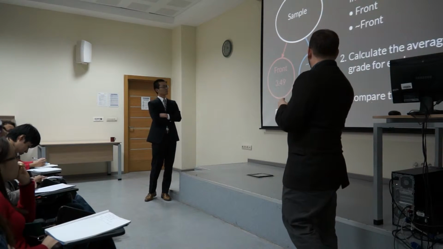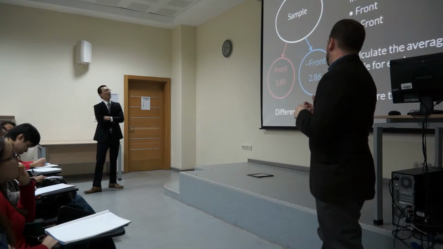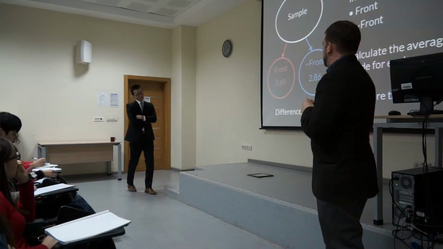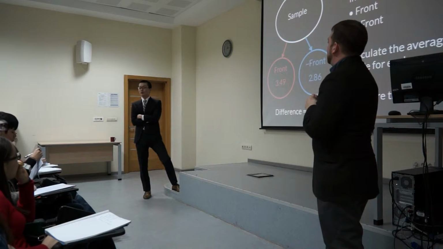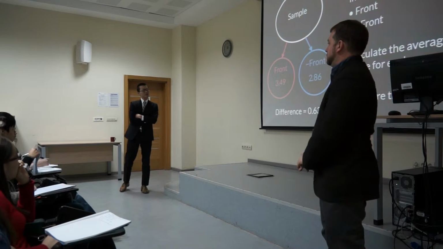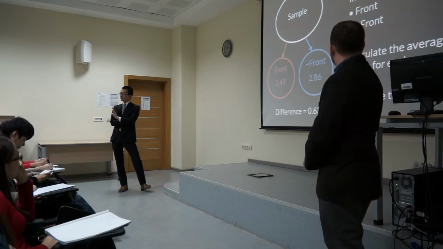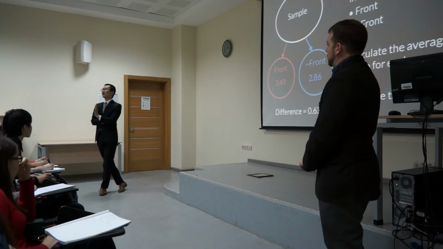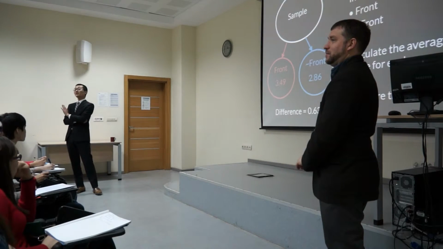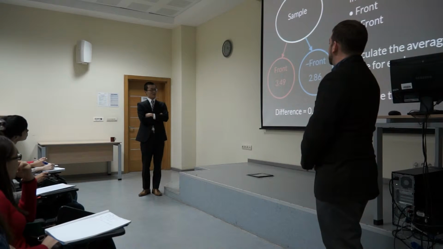So is 0.63 big enough of a difference to understand? That's a great question. On one hand, 0.63 seems big enough, right? It's the difference between like B minus and B plus, or B and A minus. That seems pretty big to me.